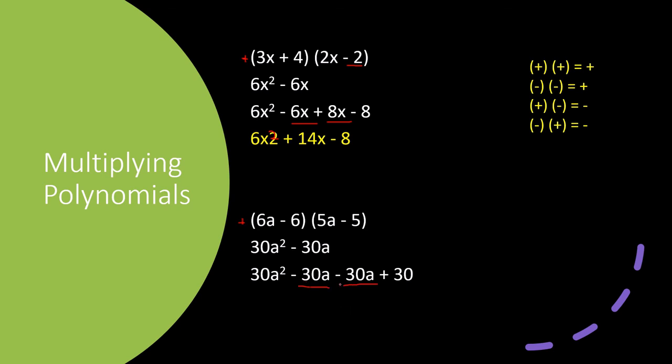So these two right here, if I combine them, I'm going to subtract them. But remember, whenever I have two negative numbers, I'm going to add them because they're going to go farther down to the left on the number line. So this is actually going to be equal to minus 60a. And therefore, my answer is going to be 30a squared minus 60a plus 30.